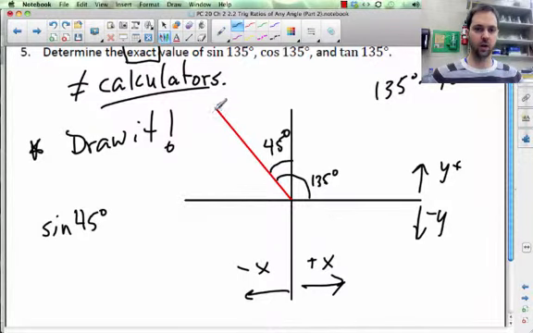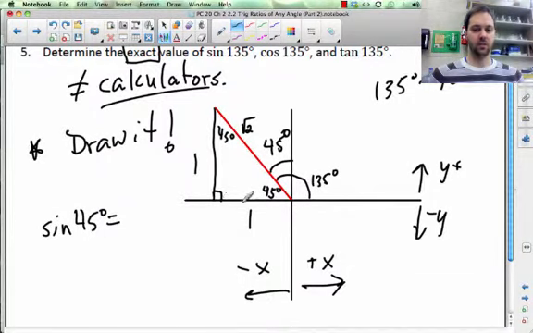Now we know that a 45-degree triangle is going to mean this is 45, this is 45. So things we can assume, make some simplifications, call this 1, then we just call this root 2.